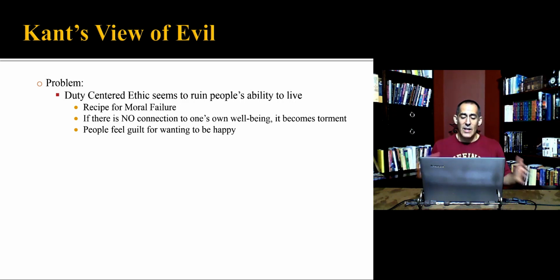If there's no connection between my own well-being and what's moral, life becomes a torment, because I'm always told to ignore my own well-being, ignore my own self-interest, ignore my desires, right? Curb those things and just do your duty. And you ultimately feel guilty for wanting to be happy.